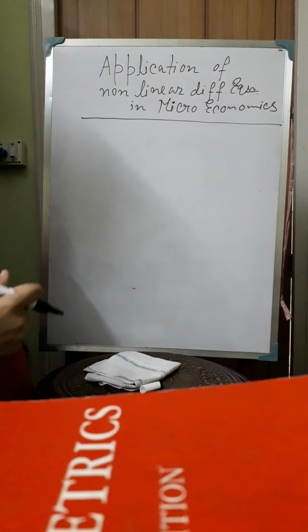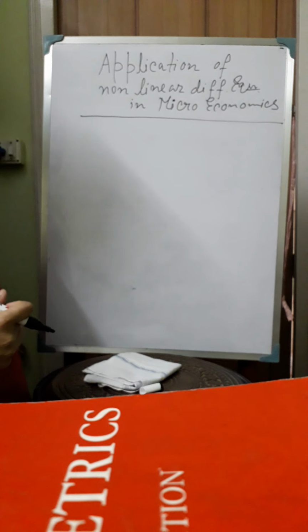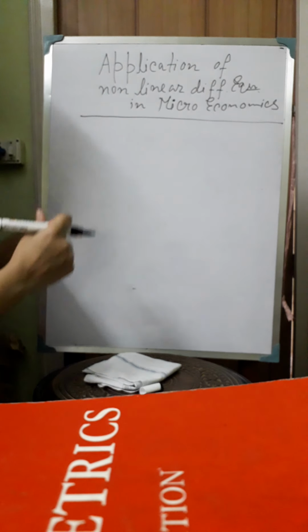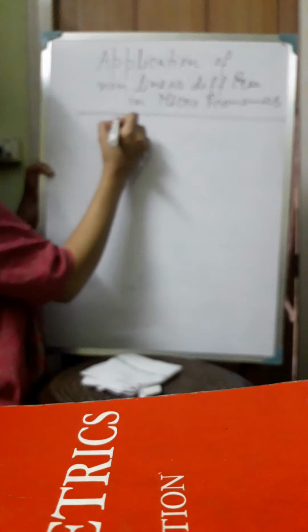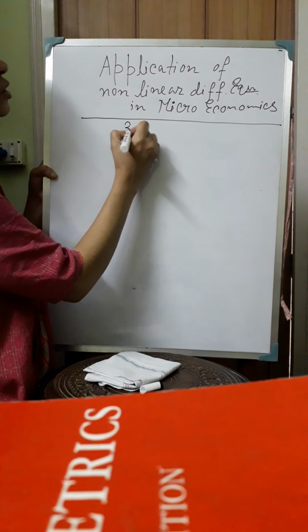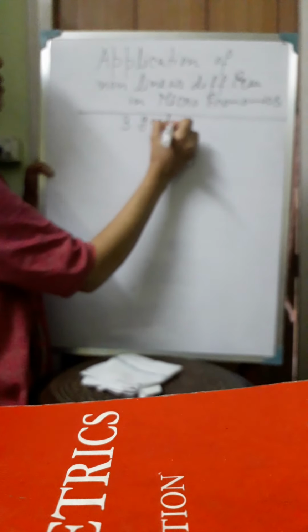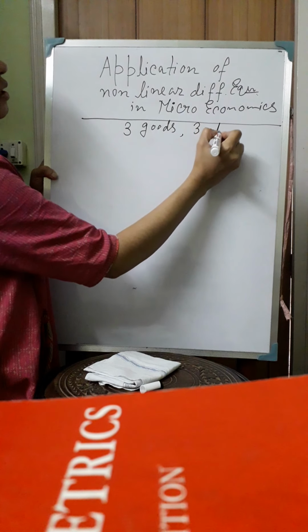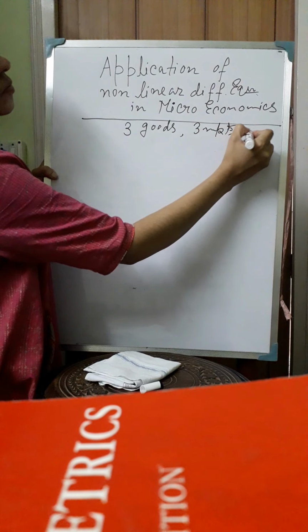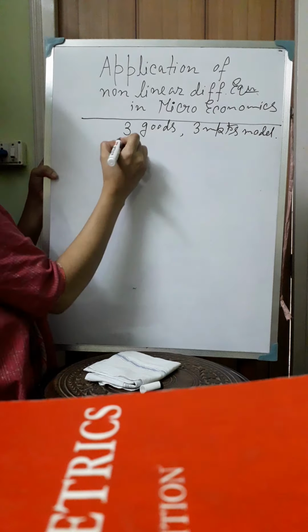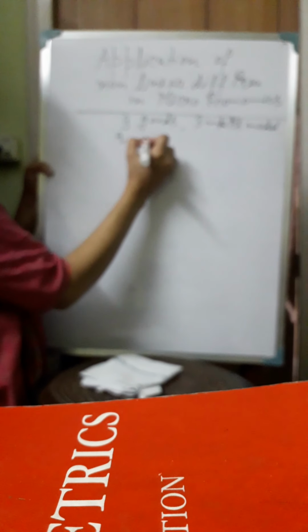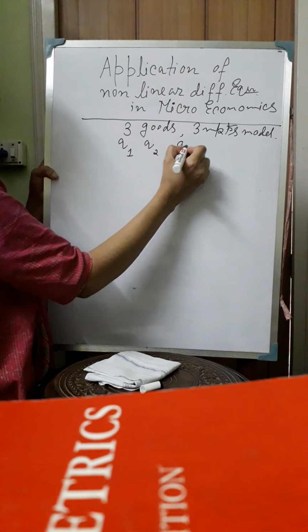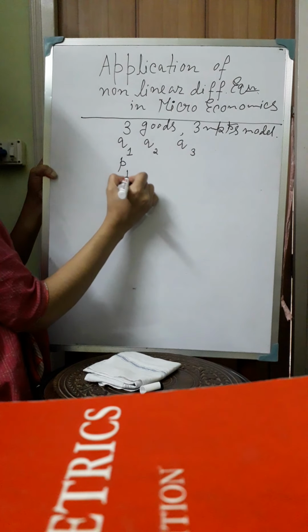In today's lecture, we shall consider the application of nonlinear differential equations in microeconomics. For that, we shall consider a three goods, three markets model. There are three goods, Q1, Q2 and Q3, and the prices are P1, P2 and P3.